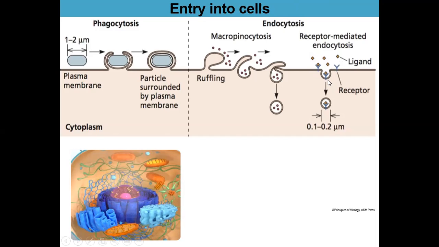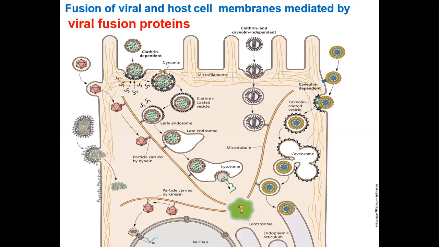We have a ligand here, and this ligand can bind with the receptor, and then the whole vesicle can go inside the cell. After vesicle formation, the genome can be released there. So these are different methods by which the viruses go inside the cells.